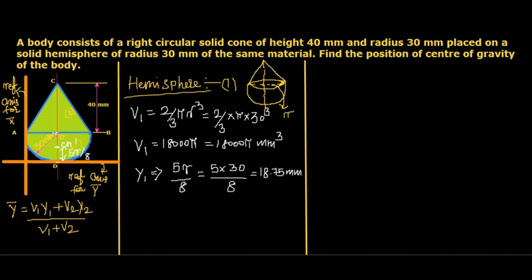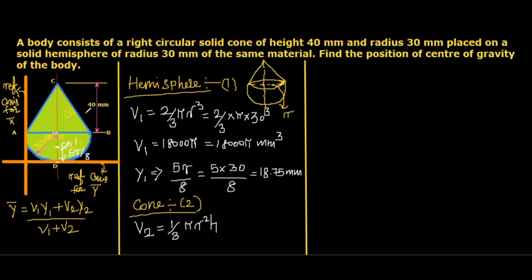Now, we have to do the same thing for the second segment, that is the right circular solid cone. Segment 2. Same way, V2 we have to calculate. The V2 for the right circular solid cone is 1 by 3 pi r square h.